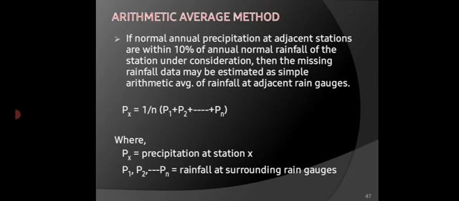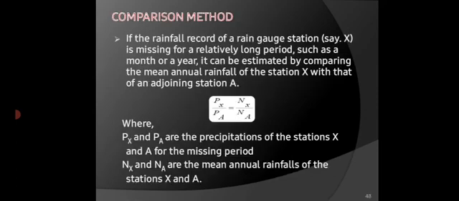So Px is equal to 1 by n into bracket P1 up to Pn, where P1, P2, P3, Pn are the readings of the rain gauges, meaning the rainfall depths. So the summation of the rainfall collected from all other rain gauges divided by the number of rain gauges in that particular area is equal to the unknown rainfall data. Very simple, right?